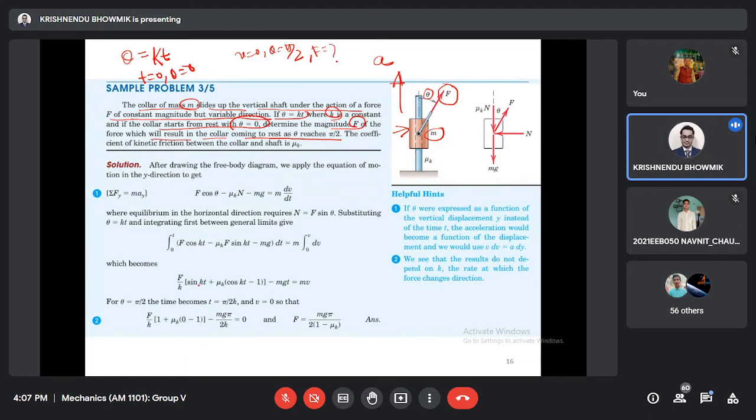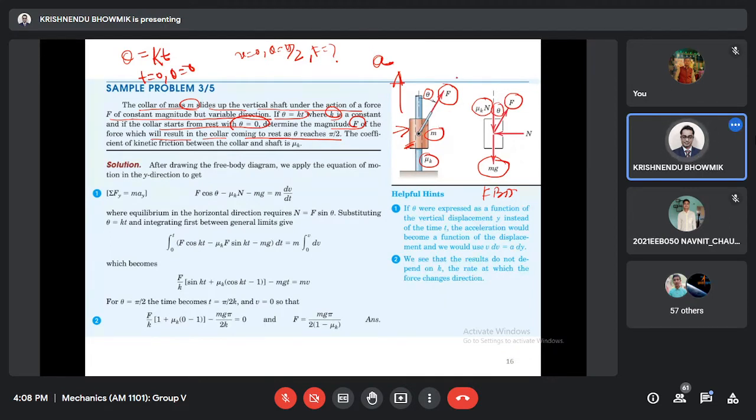Now draw the FBD carefully. The coefficient of friction mu k is given. As it is moving upward, you can expect the friction force to act downward, and the weight of the collar will always act downward, mg. Now the force you have applied, this is theta.